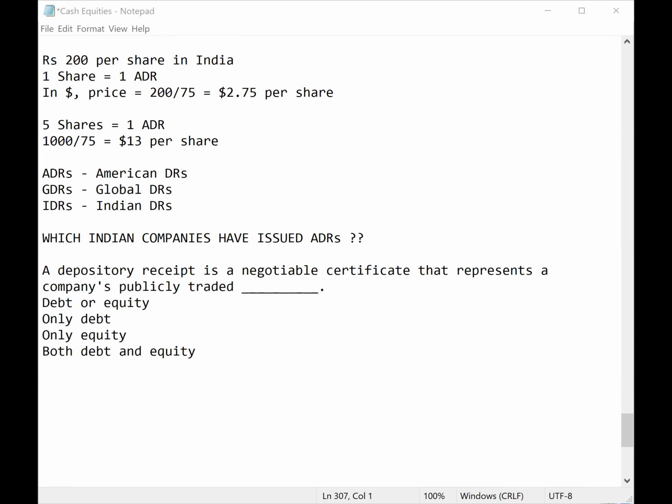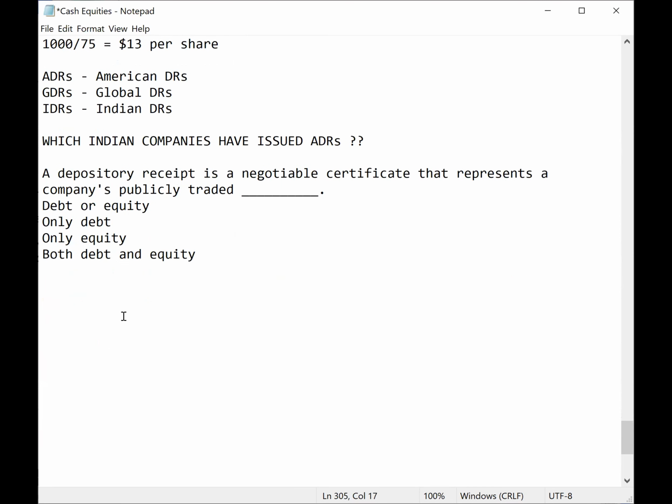Sir, in the yesterday class, you talked about floating rate bonds, in which the coupon rate changes according to a benchmark. Okay.